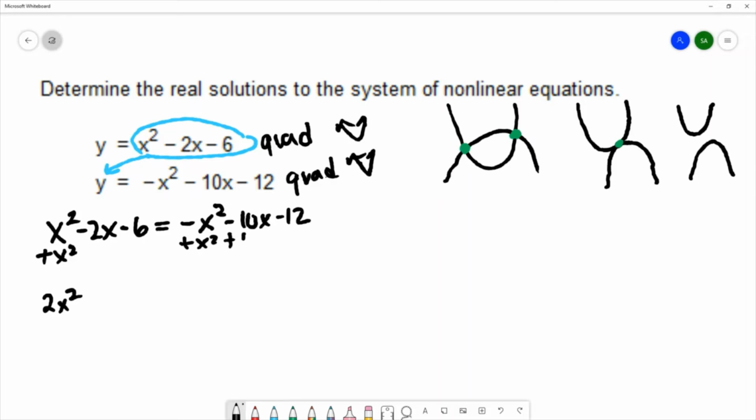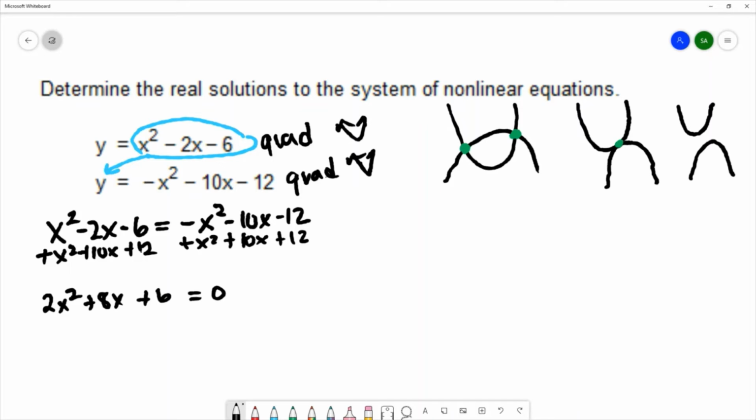I'm going to add 10x on both sides, giving me plus 8x on the left. And I'm going to add 12 on both sides, giving me a plus 6 on the left. All the terms on the right cancel out. I have the equation 2x squared plus 8x plus 6 equals 0.